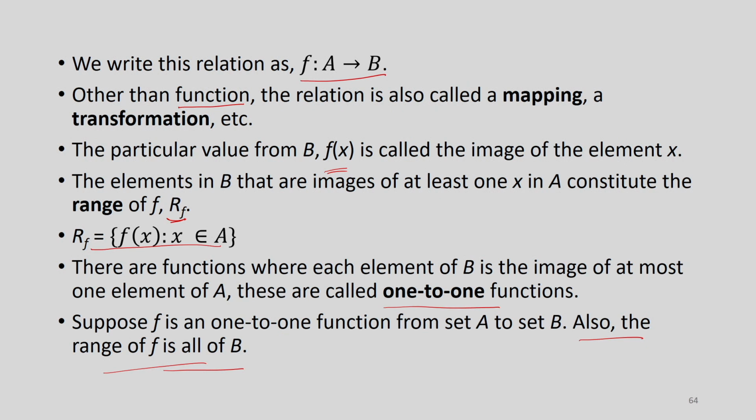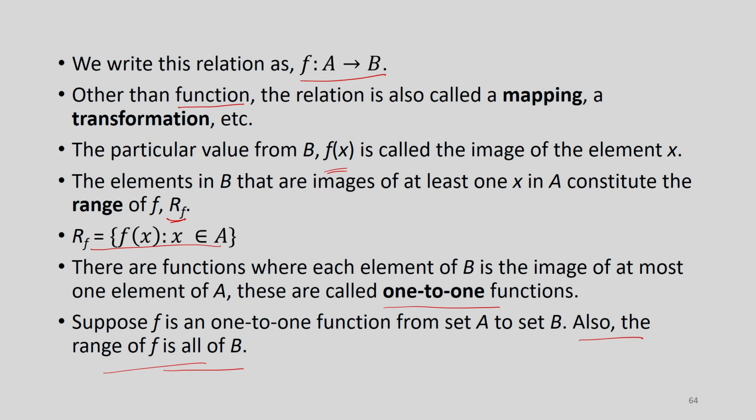So, for a function to have an inverse, it needs to satisfy two conditions. One is that it has to be a one to one function, which means for any value in B, that is the target set, you get at most one corresponding value in the domain set. So, it cannot be more than one.